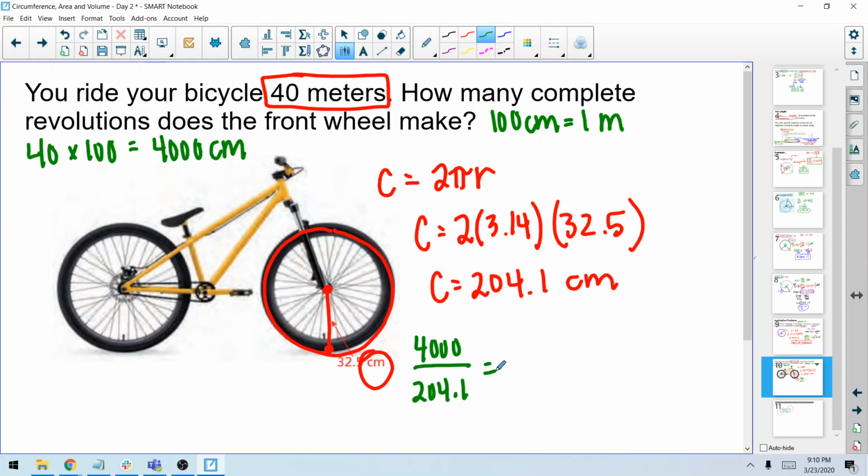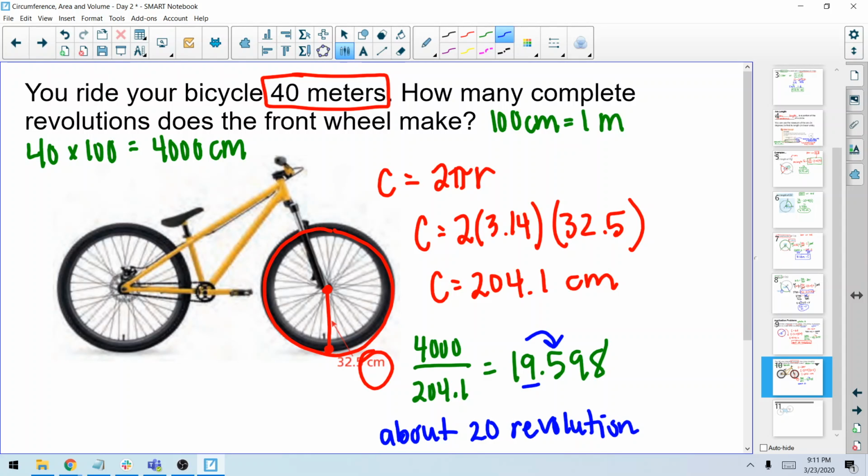So 4,000 divided by 204.1 is 19.598. If we round that one to the nearest whole number, the 5 is going to tell me to round up, so about 20 revolutions, which on a bike doesn't seem that far.